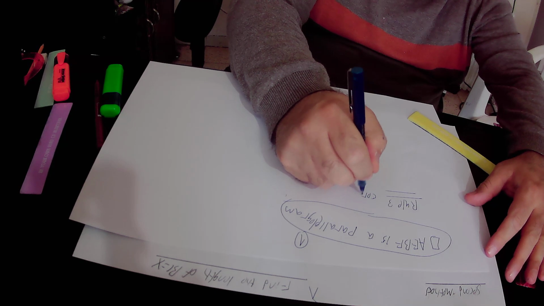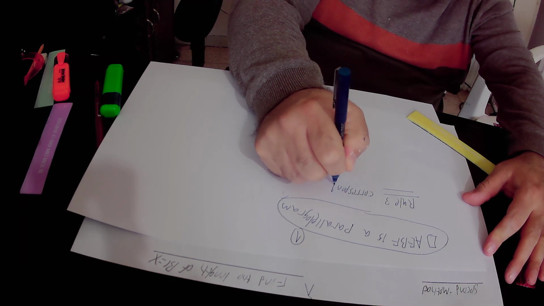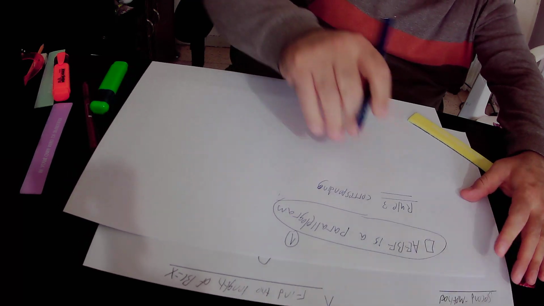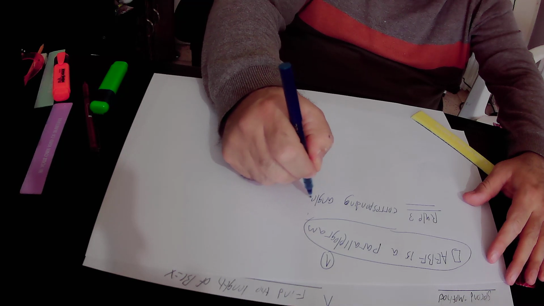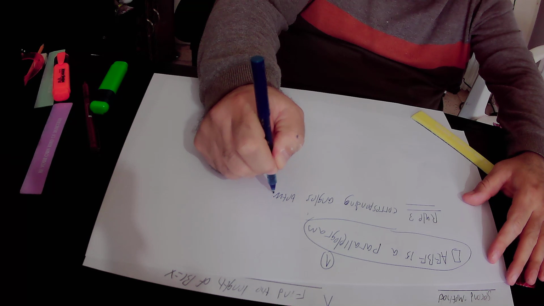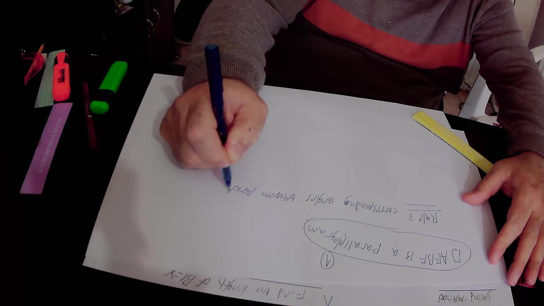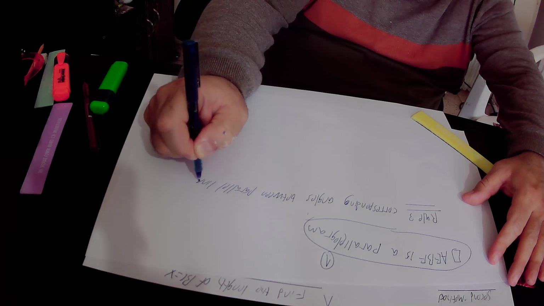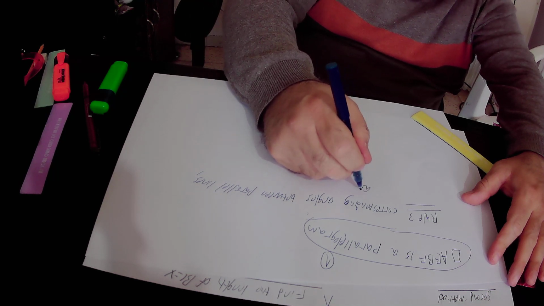It says that corresponding angles between parallel lines are equal to each other.